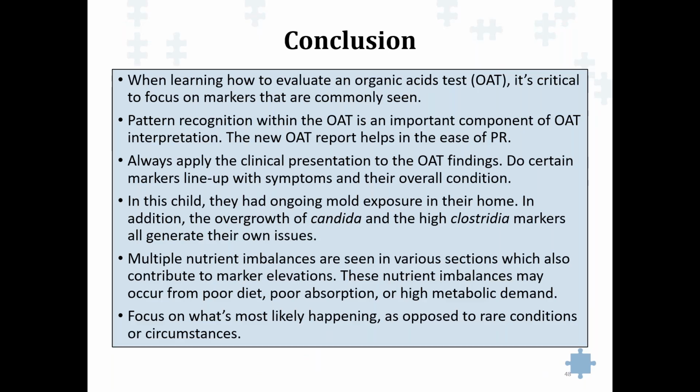The next level is that pattern recognition. And that's really what the new Mosaic OAT format is all about, the report enhancement. It's to draw attention to these different patterns to help move along your ability to clinically interpret the OAT and apply it more quickly and effectively in clinical practice.